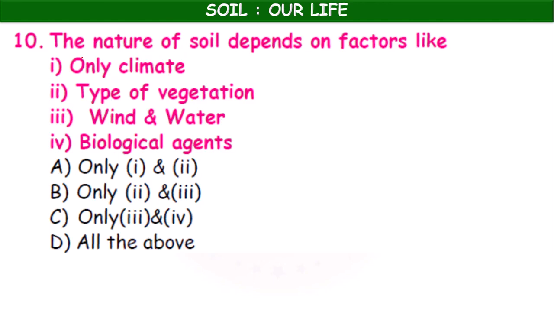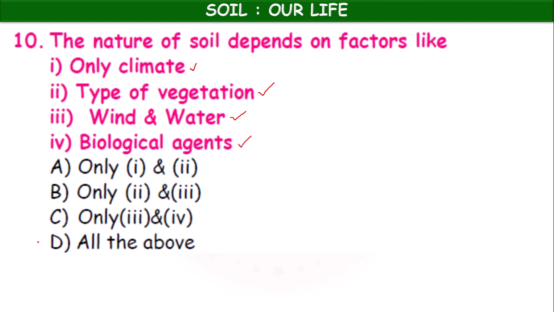The nature of the soil depends on factors like only climate, type of vegetation, wind and water, biological agents. It depends on climate, on the type of vegetation that grows in it, on wind and water, and on biological agents.